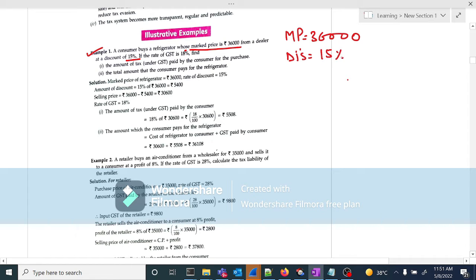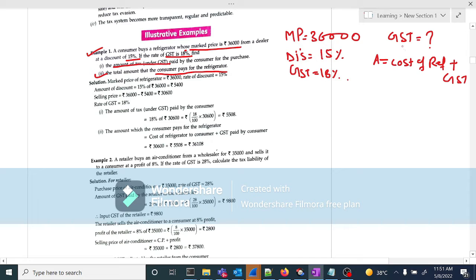If the rate of GST is 18%, so we got the GST rate, which is 18%. Find the amount of tax under GST. So what you have to find? Basically the GST amount paid. Second point, the amount that the consumer pays for the refrigerator. Okay, so the amount will be the cost of the refrigerator plus GST.